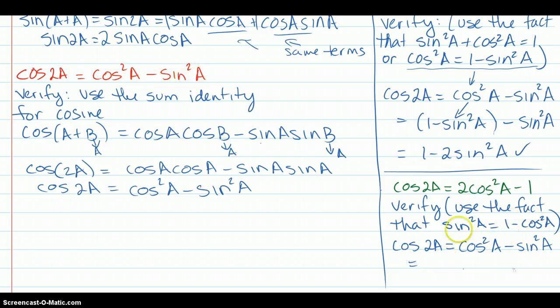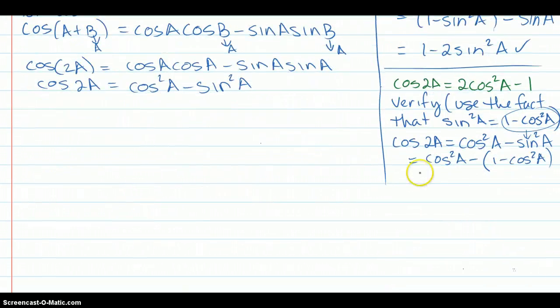Now I'm going to replace sine squared. Well, this is a little trickier because we have a minus sign in front. So I'm going to put in parentheses 1 minus cosine squared of a. Because of the parentheses, we have to distribute that negative. Minus 1 would be a plus cosine squared of a, and you see now you get 2 cosine squared of a minus 1.